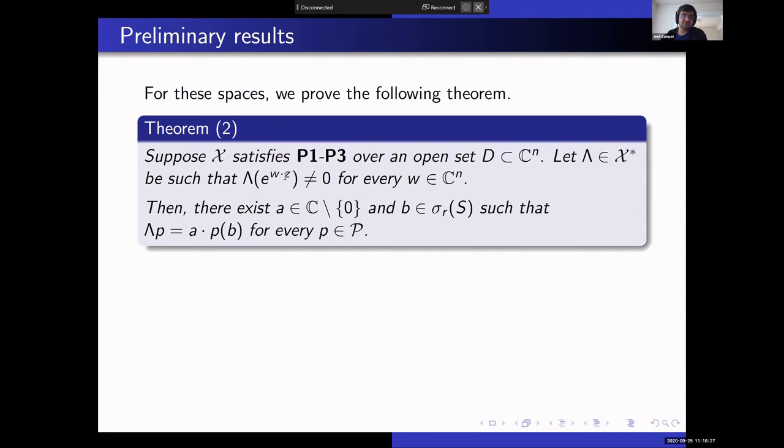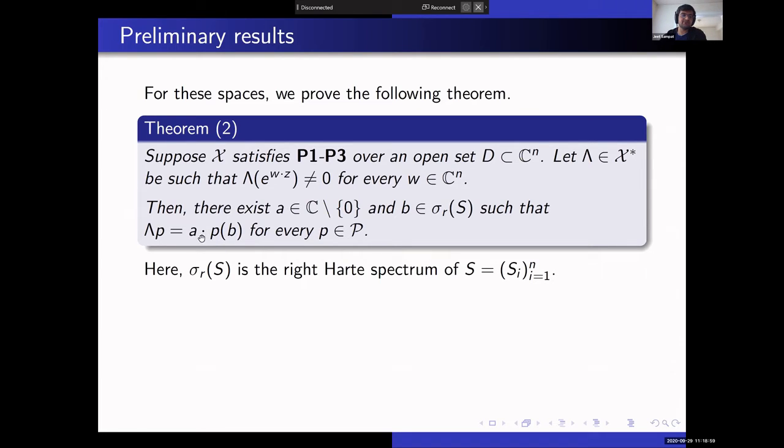So w·z is going to be like w1 z1 plus w2 z2, and that multilinear sort of term. So if I have a functional like this, then there exists a point a, which is non-zero, and a point b in the right Harte spectrum of the shift operator, which I'll define in a moment, such that lambda restricted to the set of polynomials is a weighted kind of point evaluation.